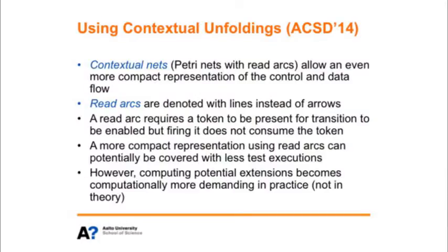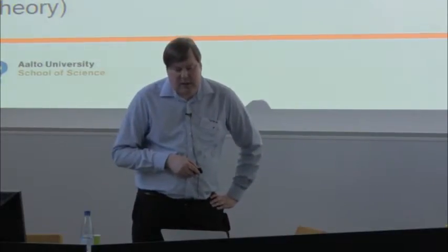This is something that's coming out in ACSD in, I think, a couple of weeks. We can also use even more compact symbolic representations. They're called contextual nets.